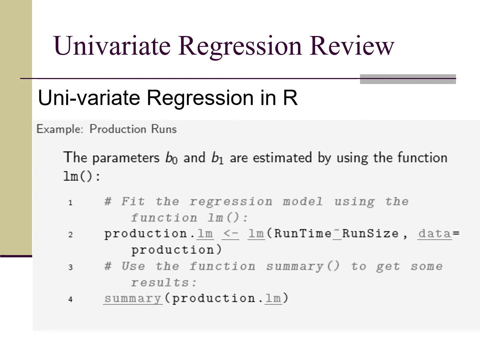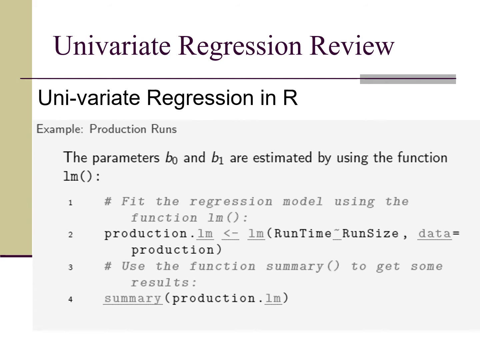And we're going to use the lm function again. So we're going to fit a regression model using that function, and we're going to call the variable that holds that model production.lm. And we're going to assign to it, you can see they're using the earlier assignment operator here, lm, the linear model, and we're going to say runtime is proportional to run size.